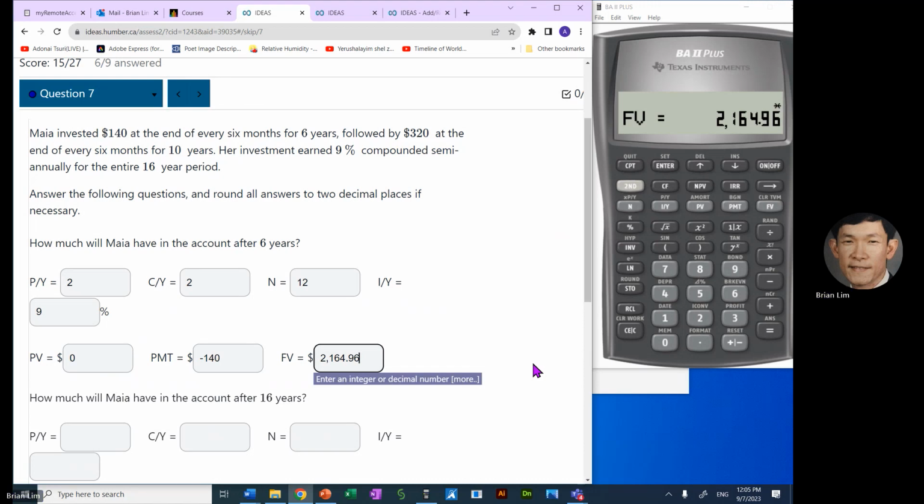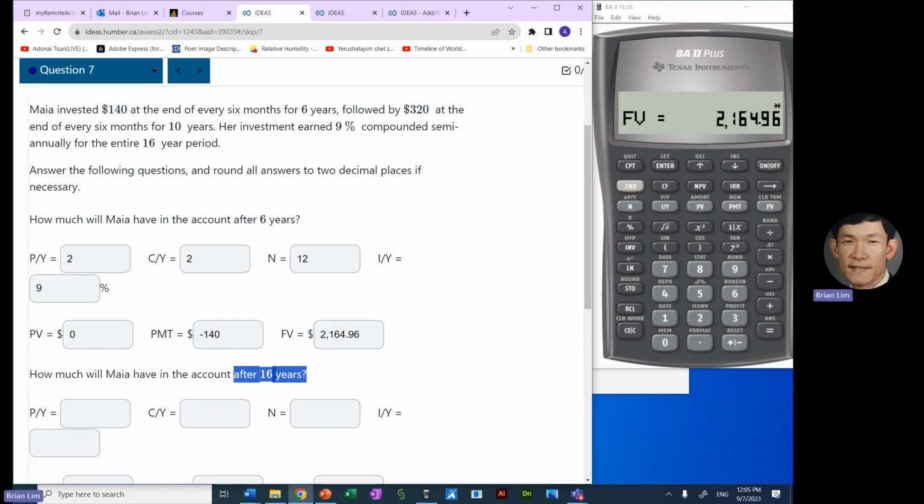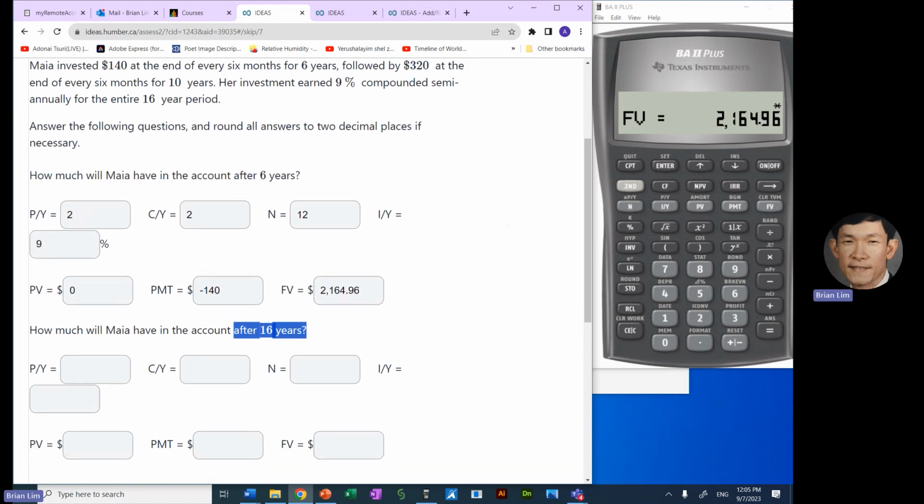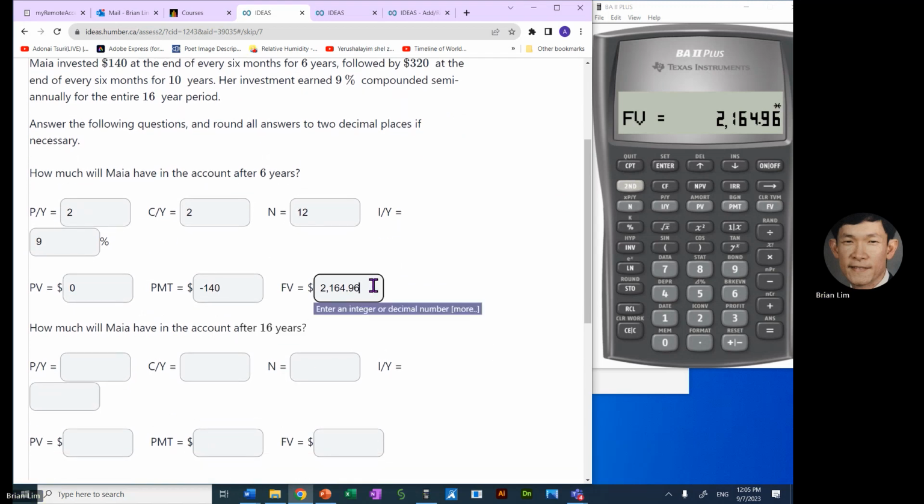Next. How much will Maya have in the account after 16 years? So what happens? Well, this future value here will become the present value down here. So let's insert it. We can take that number and click on present value as we've done before.